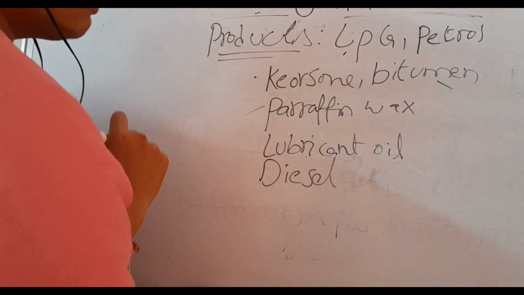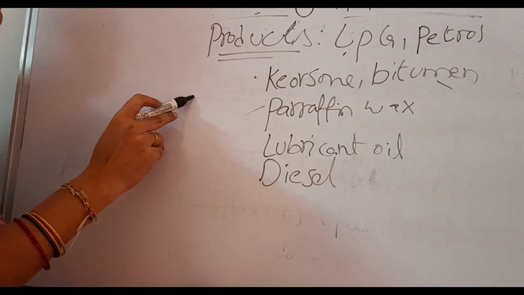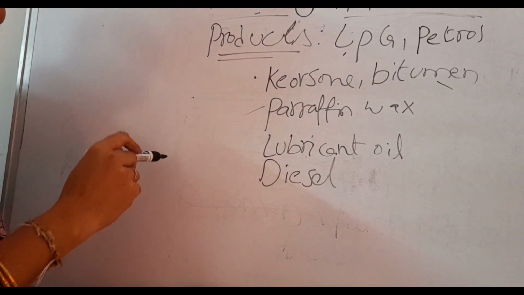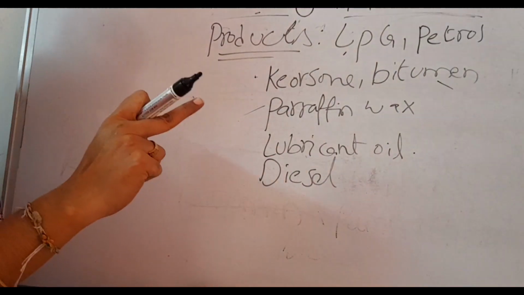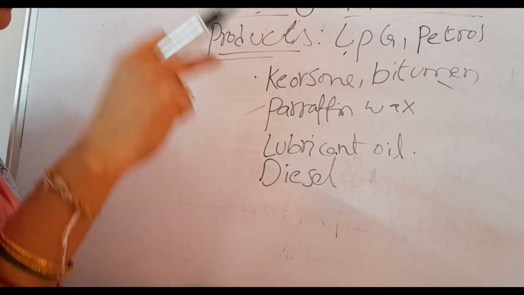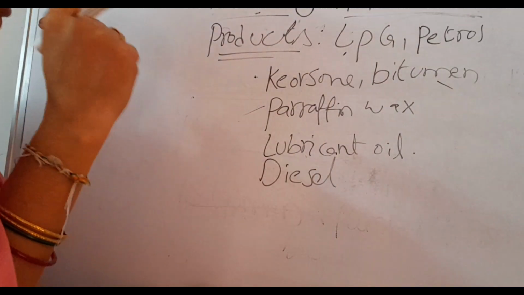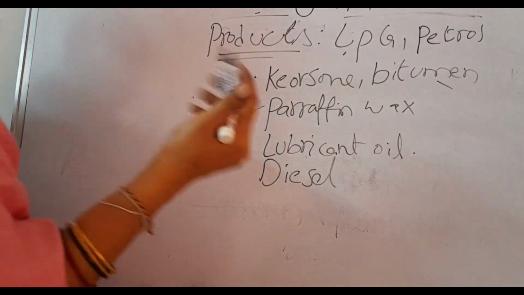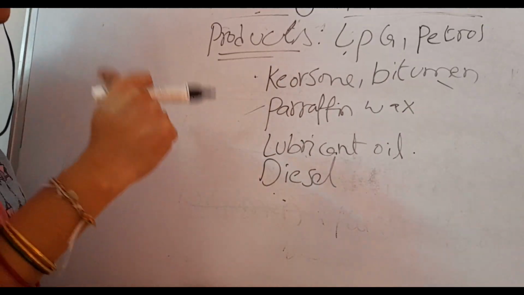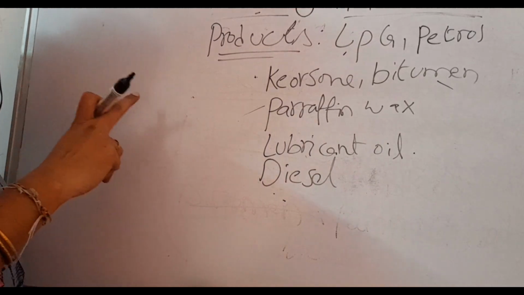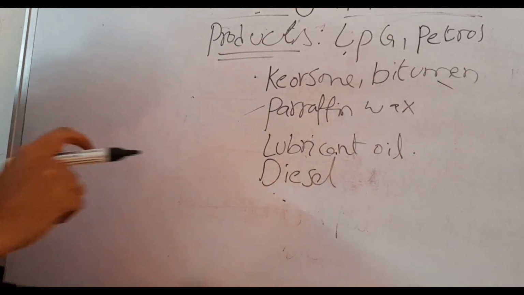Paraffin wax is used for ointments and candles. Lubricant oil is used for lubrication of metals and machinery. Diesel is used for heavy vehicles and generators.